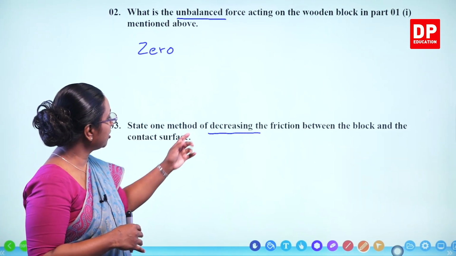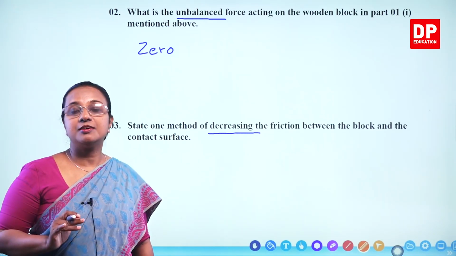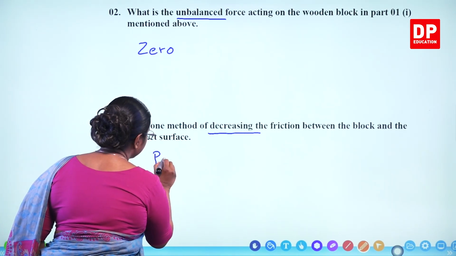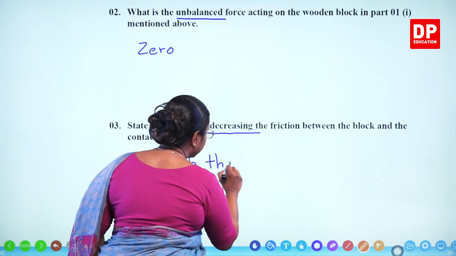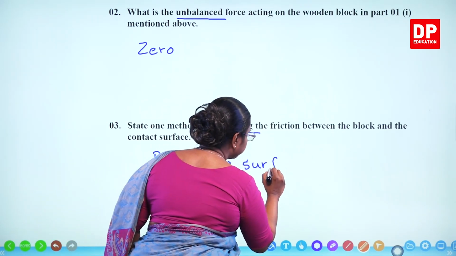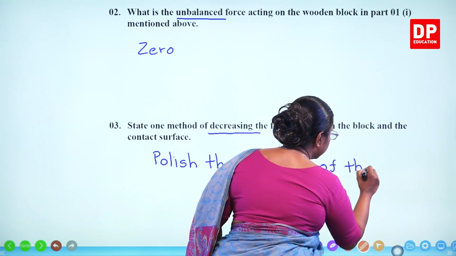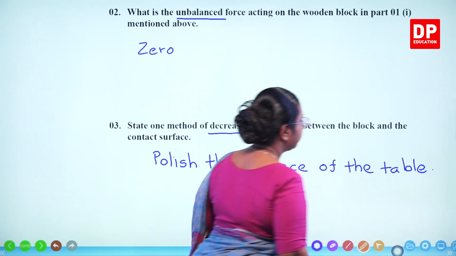So in order to decrease the friction, we can polish the surface of the table.